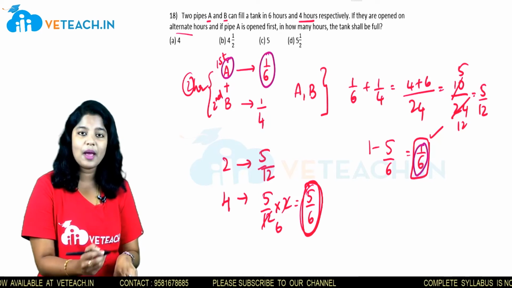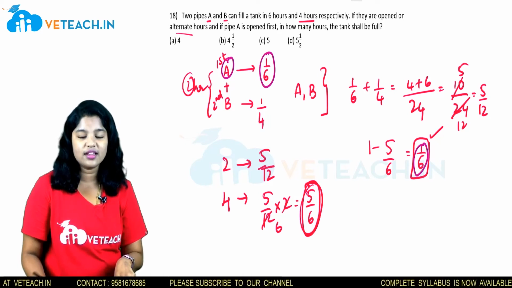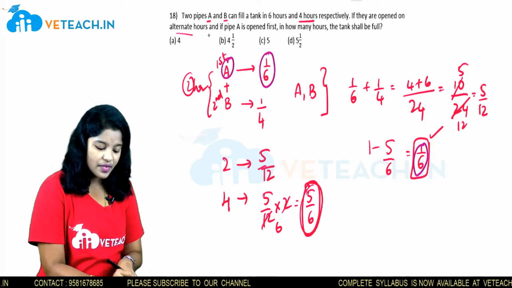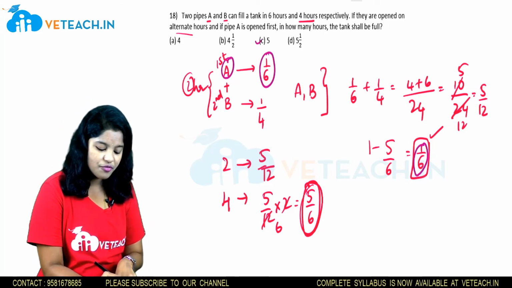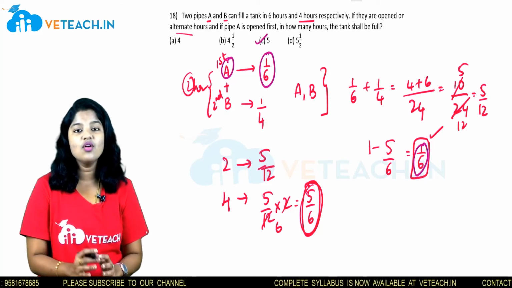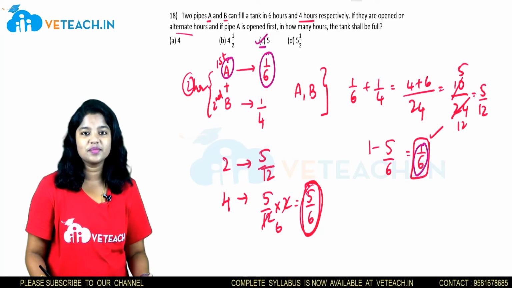So the tank will be completely filled. We can say that it will take 5 hours to completely fill the tank if pipes A and B are opened alternately. So option C is our correct answer.